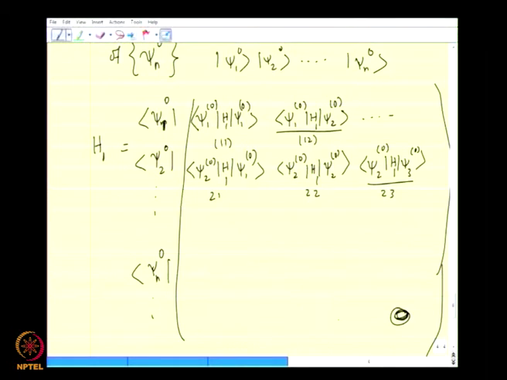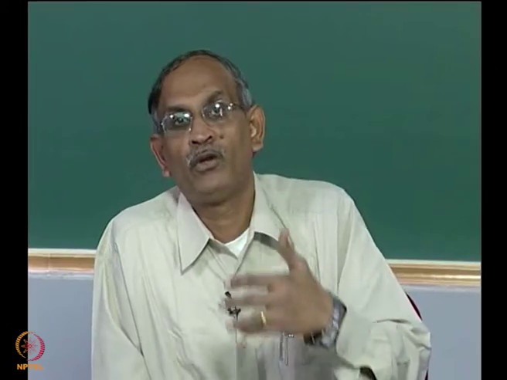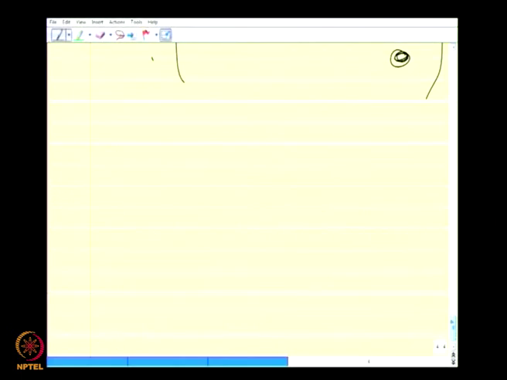Okay. Therefore, the first order correction to the first state, the first energy, is the first diagonal matrix element, with the eigenfunction corresponding to the 0 order state and the Hamiltonian H1. The second is that of the second, the third is that of the third. So this is the simple result known as the first order correction to the energy.